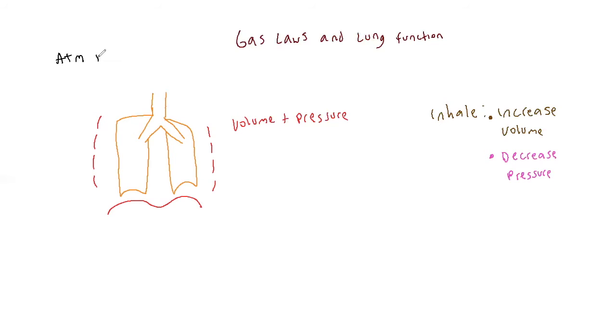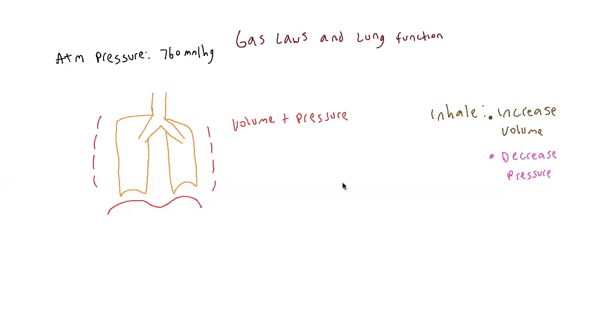And atmospheric pressure, which is measured in millimeters of mercury, is 760 millimeters of mercury. So what this means is that if our lungs have a larger volume and pressure is decreased, then the gases from the atmosphere are going to diffuse into the lungs.